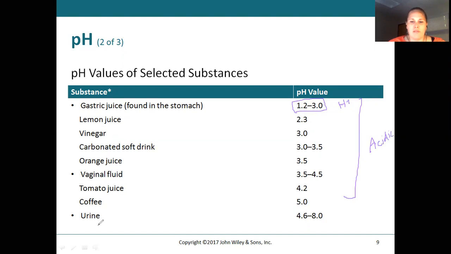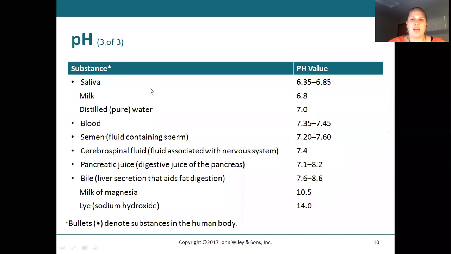Coffee and urine also fall under that acidic category. Looking at other physiological substances, something like saliva is actually well within the neutral pH area, still on the lower end, slightly acidic. And then here you can see some of the more basic solutions as we raise the pH.